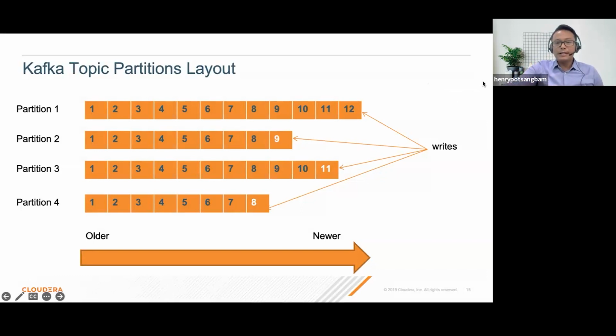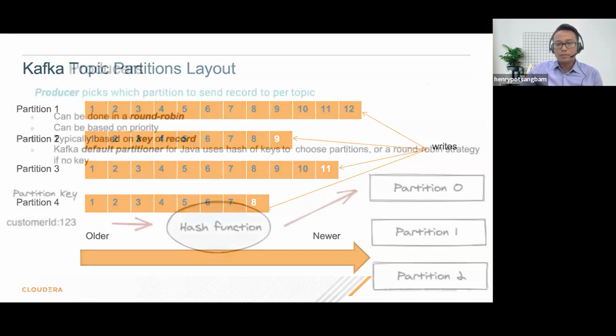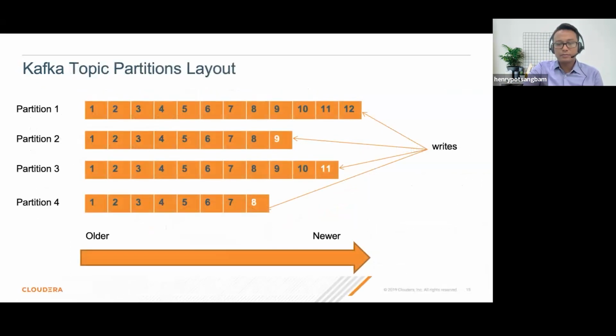Now, let's try to address this information about the topic here. I'll go back to the concepts. I have an order, and in the previous slide, in the demo, I created it with one partition.